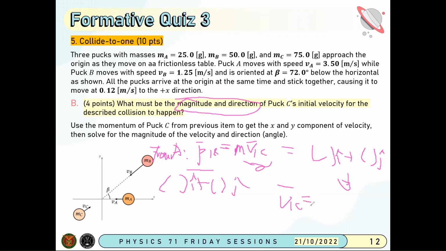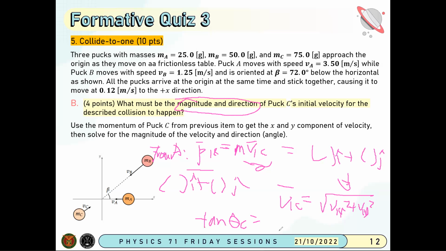Okay, so meron kang square root of V_1Cx squared plus V_1Cy squared. Okay, and then yung angle or yung direction will be theta C equals, tangent pala.